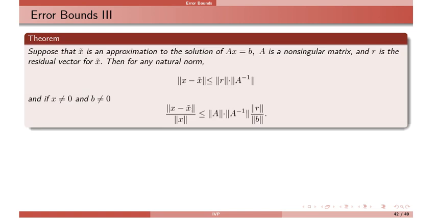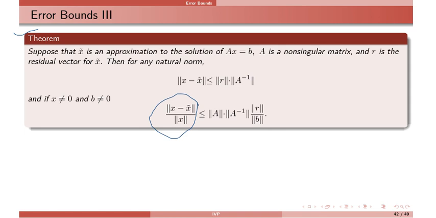And there is a small theorem which calculates the relative error. So we want to calculate the relative error. When you compare vectors, we write relative error in terms of norm. And a norm is a number. You can divide a number by a number, but you cannot divide a vector by a vector.